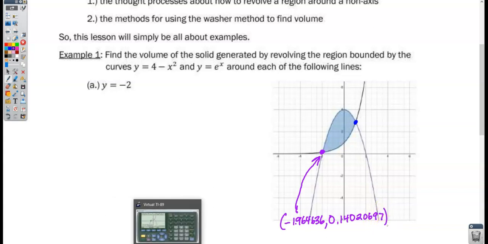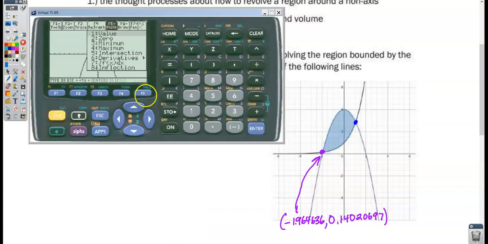and then my other intersection point. Back to my calculator and find this intersection point.